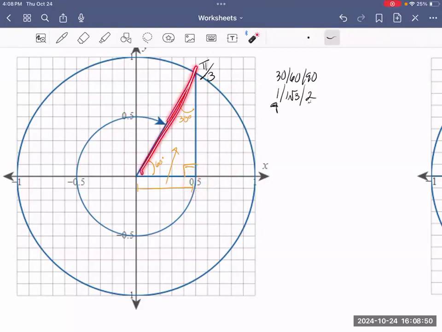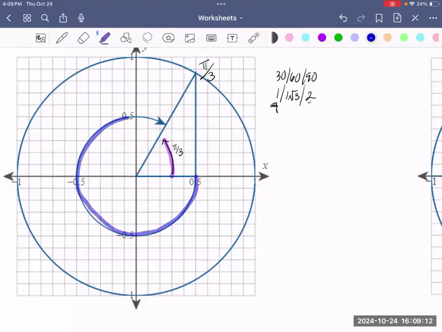So if we can understand that this is now pi over 3, so again, using your reference angle, if that's pi over 3 as the reference angle, that just means when we travel around your unit circle, we're missing by a sliver of pi over 3.